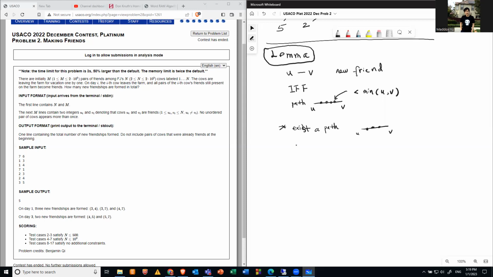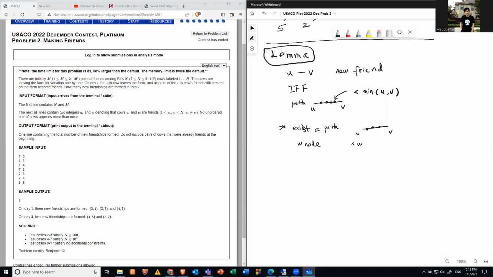On the other hand, if there is a node W that is not on the path, and it is less than U and V, you can remove that W, but it still does not impact this path. So it still works.